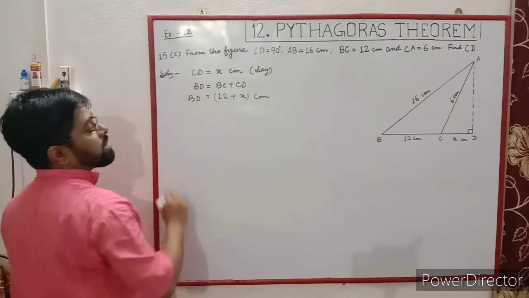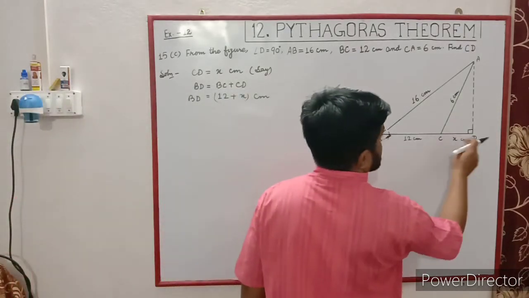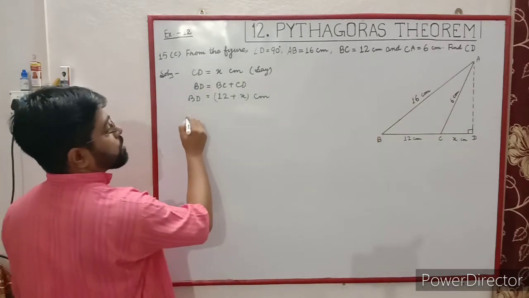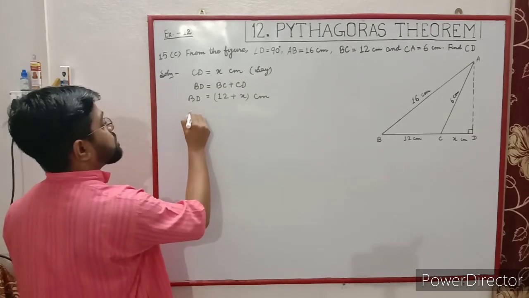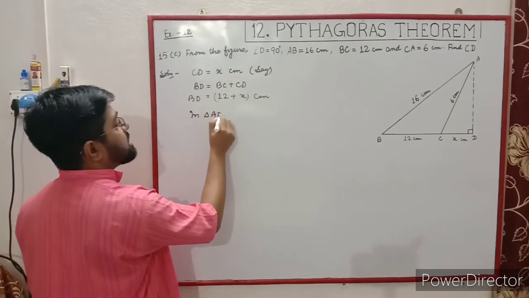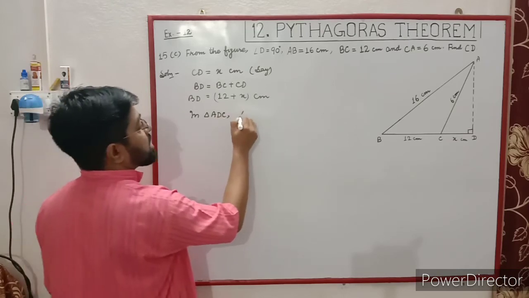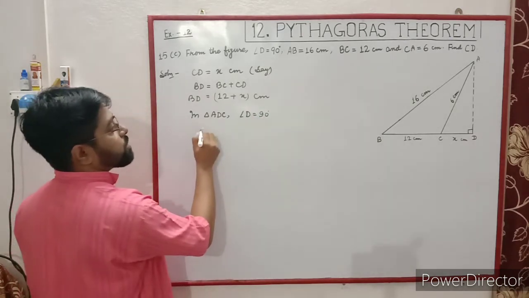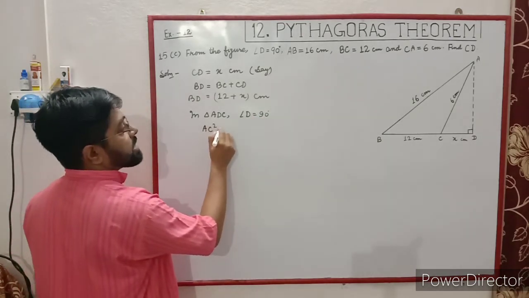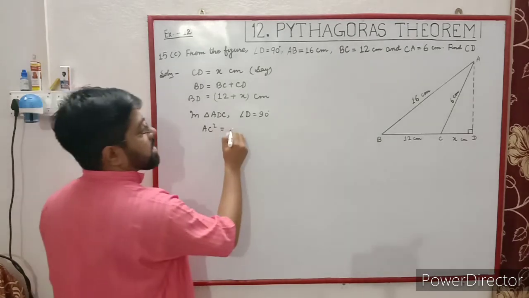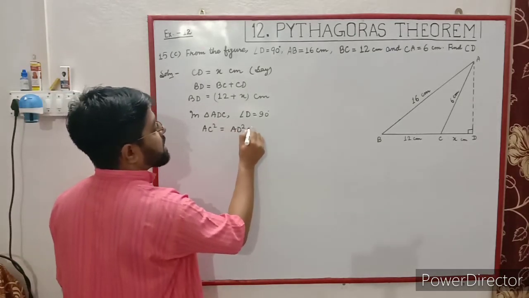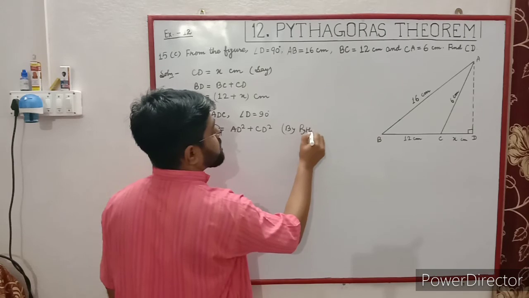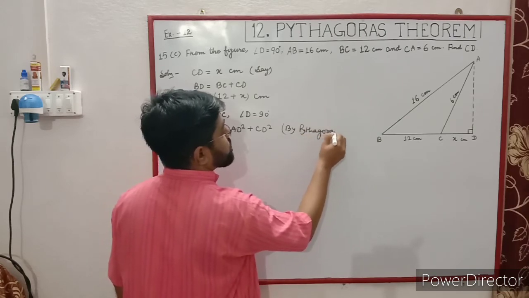Now in triangle ADC, angle D is a right angle, so we can apply the Pythagoras theorem. So AC square is equal to AD square plus CD square by Pythagoras theorem.